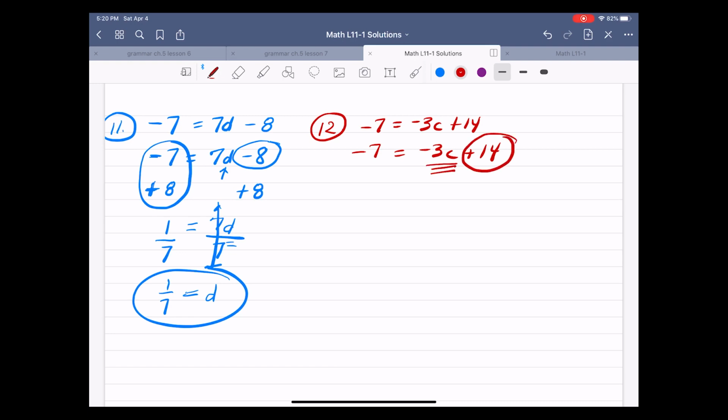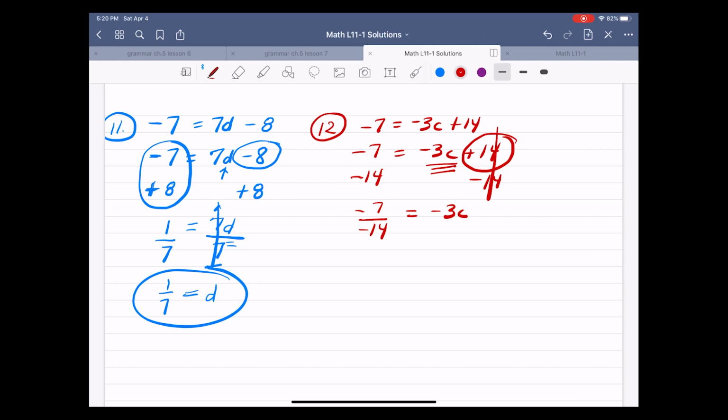Plus 14. So now I'm going to subtract 14. If I subtract it from the right, I've got to subtract it from the left. Notice I'm always writing everything I do every single step of the way. Please do the same. Plus 14 and minus 14 become nothing. Then I'm left with -3c equals -7 divided by -14.